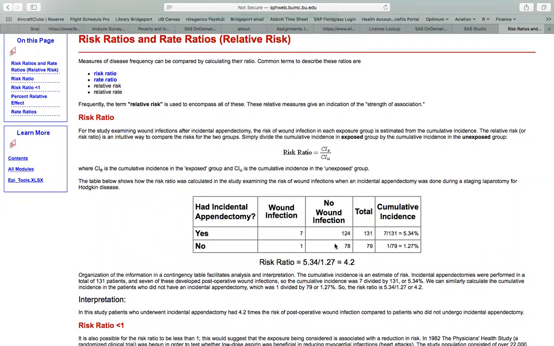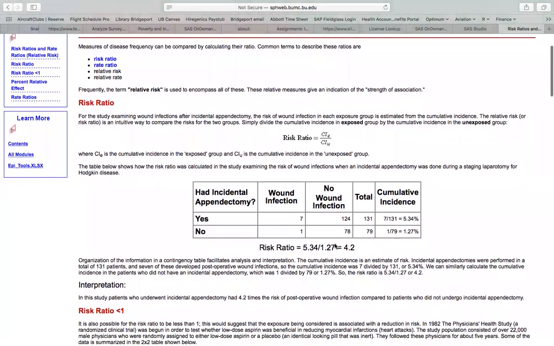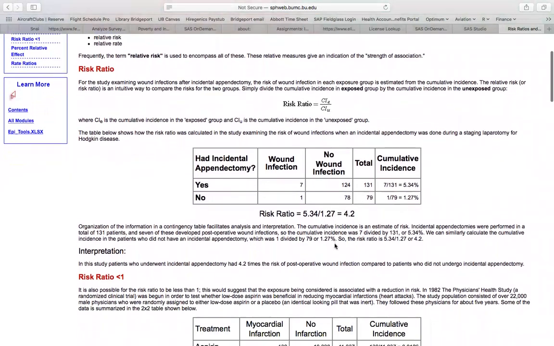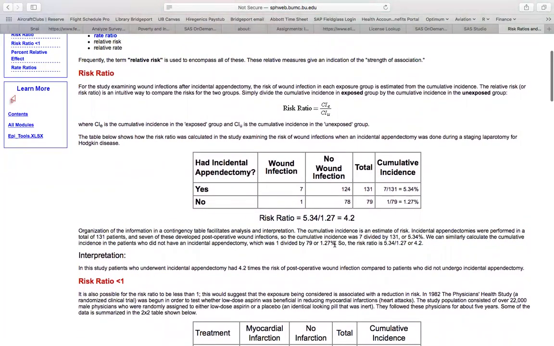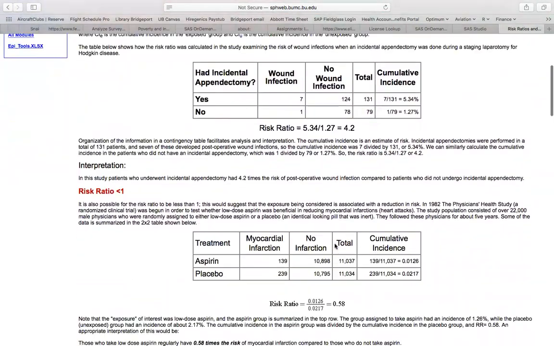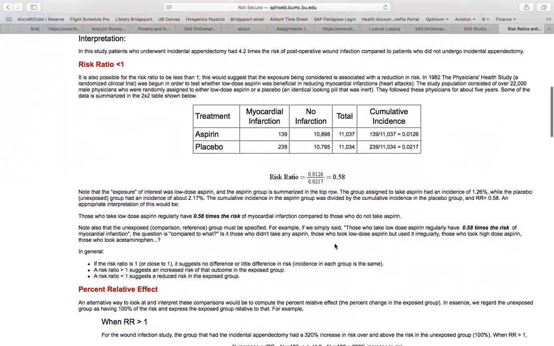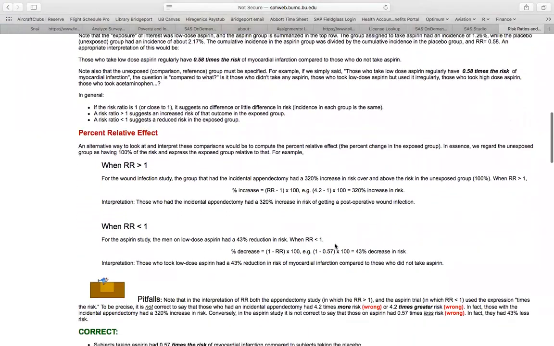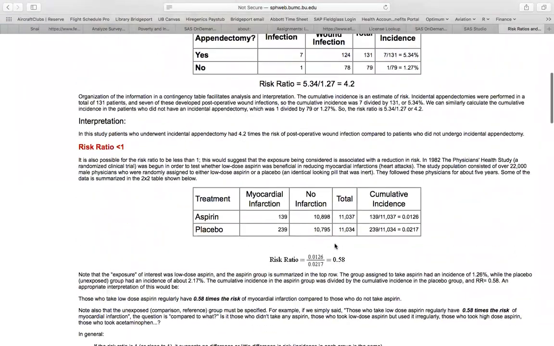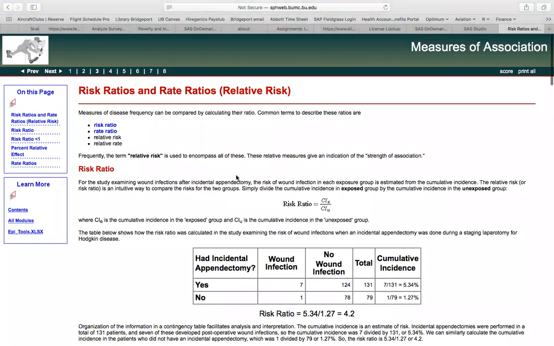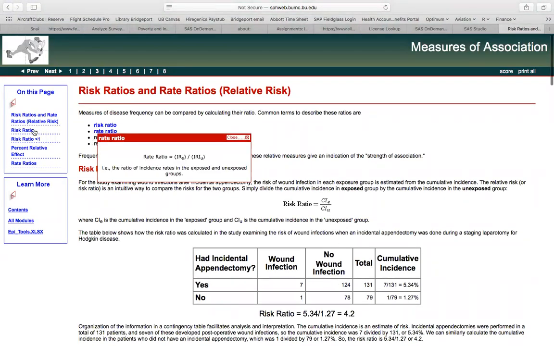Divided these two. Okay? Hold on. Risk ratio, risk ratio.